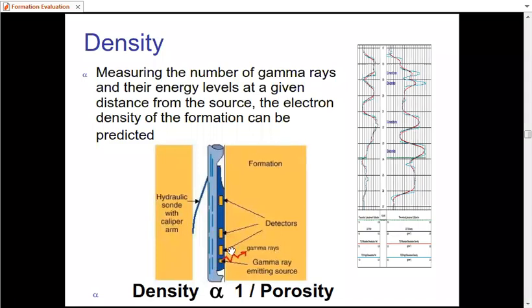And as you see in this picture, the density is inversely proportional to the porosity. The porosity is very important for the reservoir formation and pay zone, and you consider the density in this log, and you can convert this to a porosity measurement.